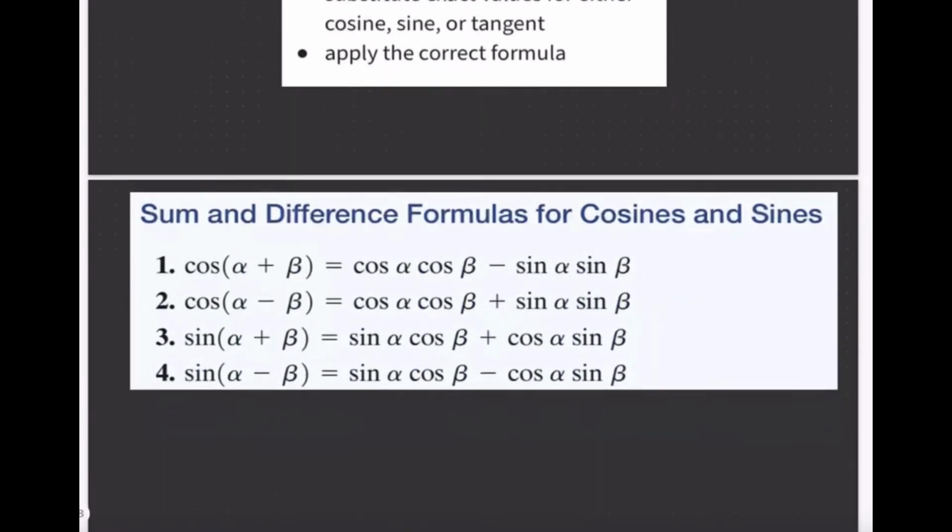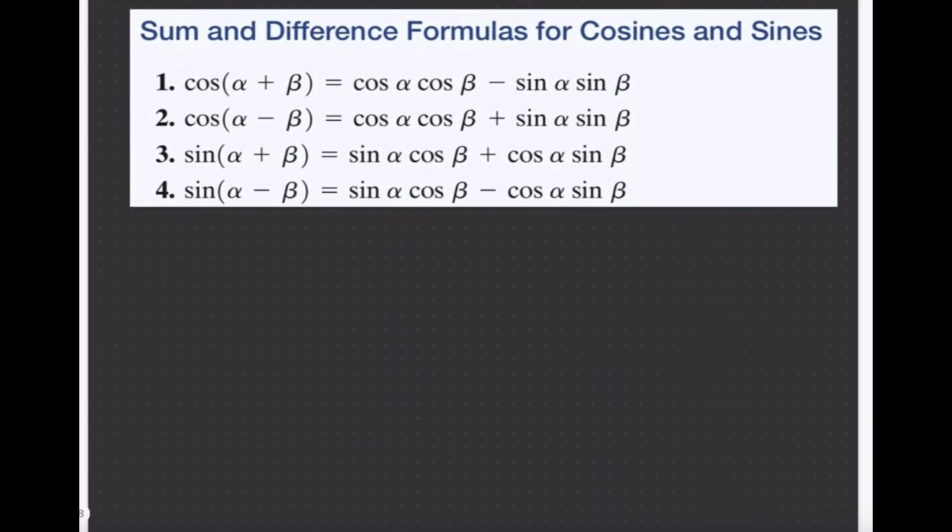If we jump to our reference sheet, we have a section right under that Pythagorean identity. That second section has to do with sum and difference formulas. There are sum and difference formulas for sine, cosine, and tangent.